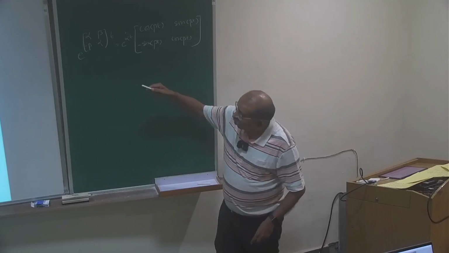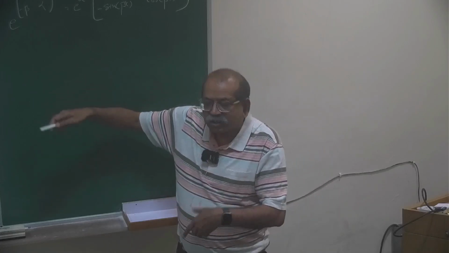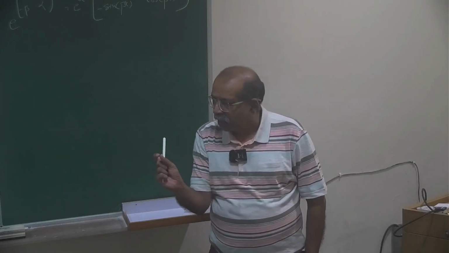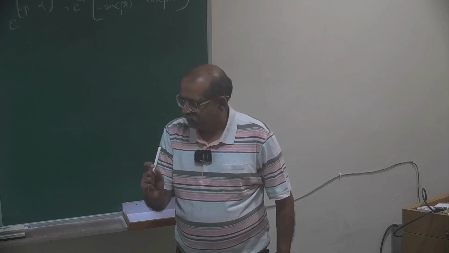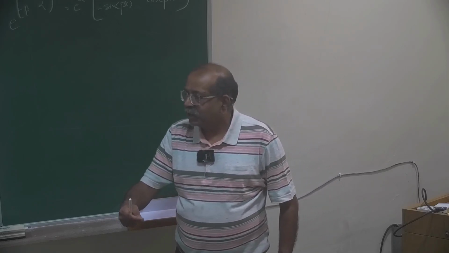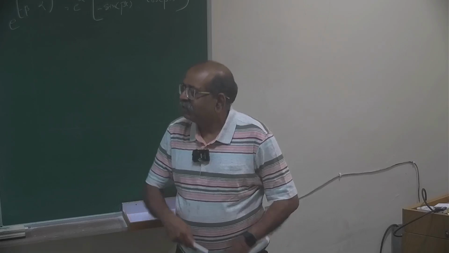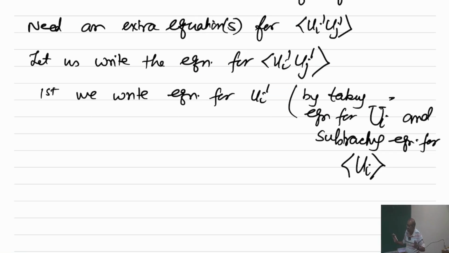And then how do you get the equation? The equation for ui prime, if I multiply by uj prime, and the equation for uj prime, if I multiply by ui prime, I will get an equation for ui prime uj prime just by itself, no averaging so far.